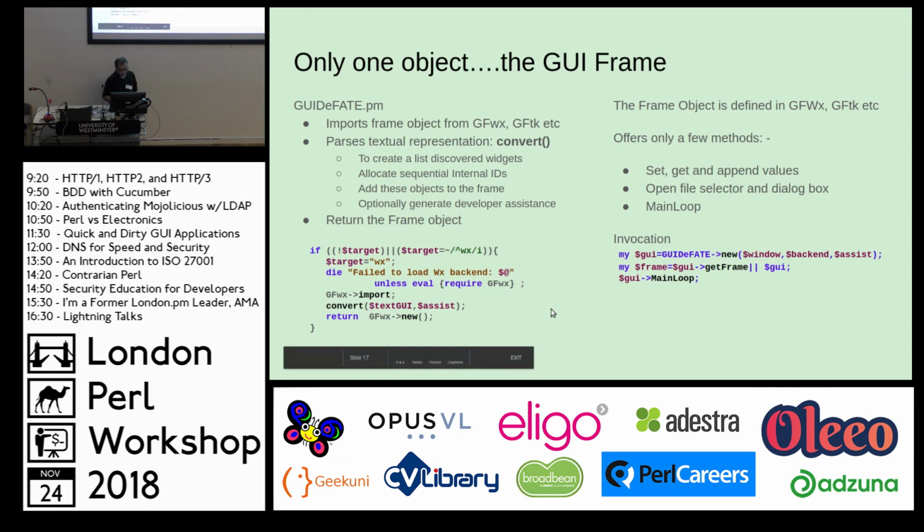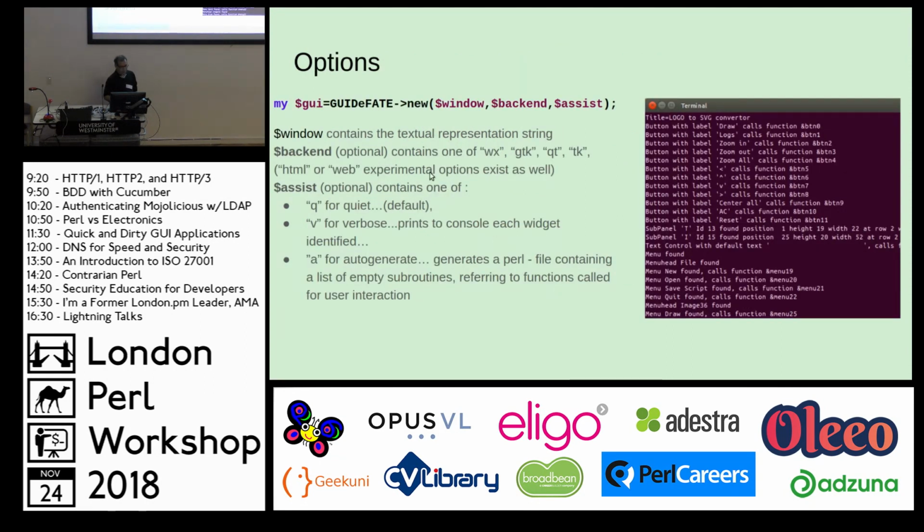So let's have a look. This is how you invoke a new window: a string that contains a textual representation, then the backend, which could be WX, etc., and an assist. For instance, this is a verbose output. It tells you that it's discovered in your creation of that interface a button with label draw, and it creates a function.